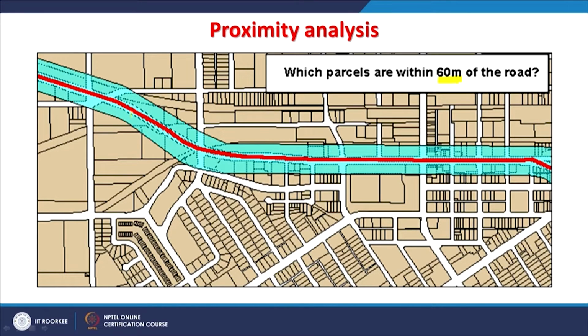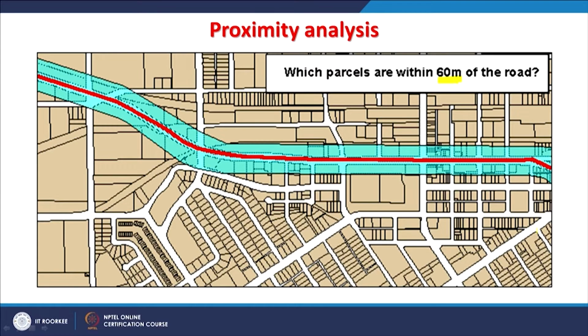Immediately, if you have a layer showing the revenue records or the plots of individual houses, and you overlay this buffer, then immediately you would know whose houses or whose plots would be taken by this widening of the road.